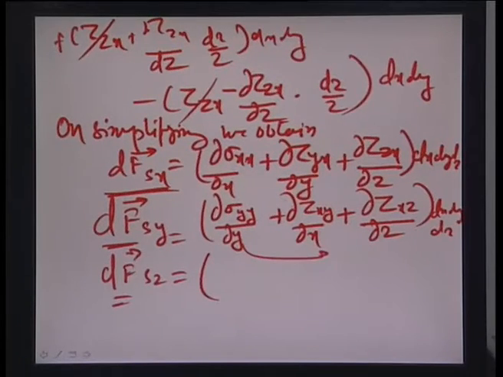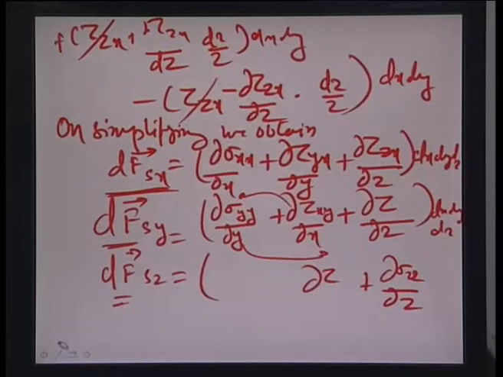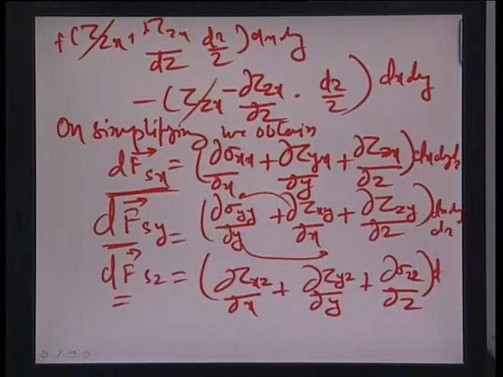So, in the other component you have del sigma zz with respect to del z, and you have the component del tau, now the y component, so this is actually zy, I am sorry, this is zy, and so you have del tau yz by del y plus del tau xz by del x, times dx dy dz as the three different components of the force.